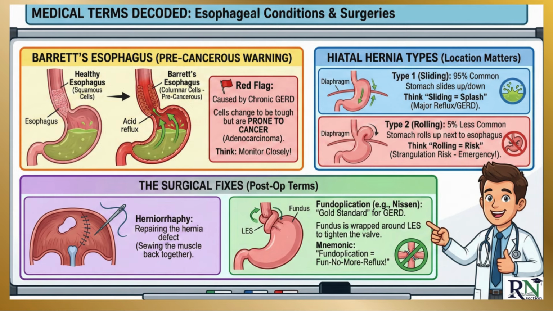And here you see the acid reflux, that opening there. And then the hiatal hernia with type 1 and type 2. Here is the supradiaphragmatic volvulus, twisting of the stomach above the diaphragm.